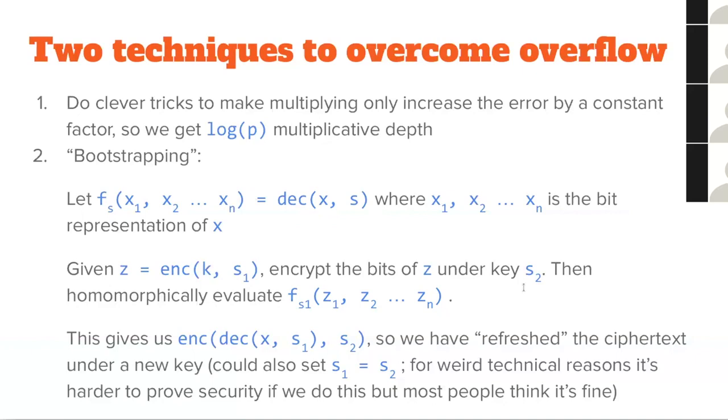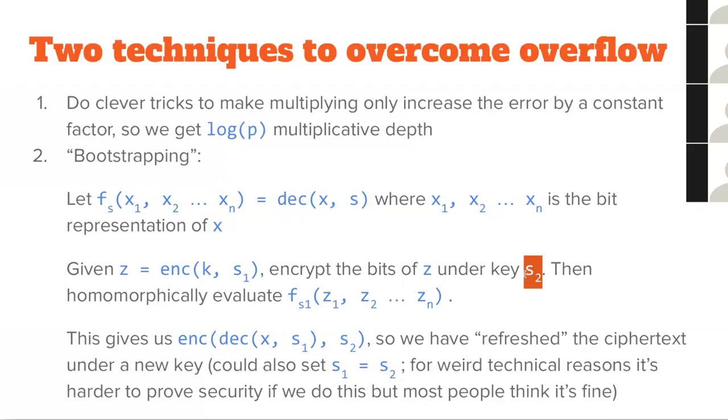One question I have regarding bootstrapping is, is there randomness involved, and where does it come from? Bootstrapping just basically means that you're evaluating the decryption circuit. The place where there is error involved is the process of homomorphically encrypting these X bits, which involves taking values from the public key, and those values already have some noise inside of them.